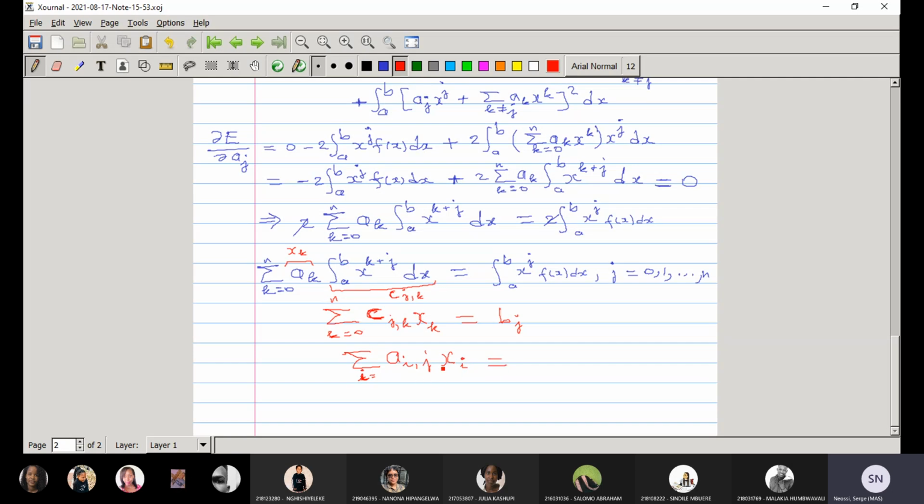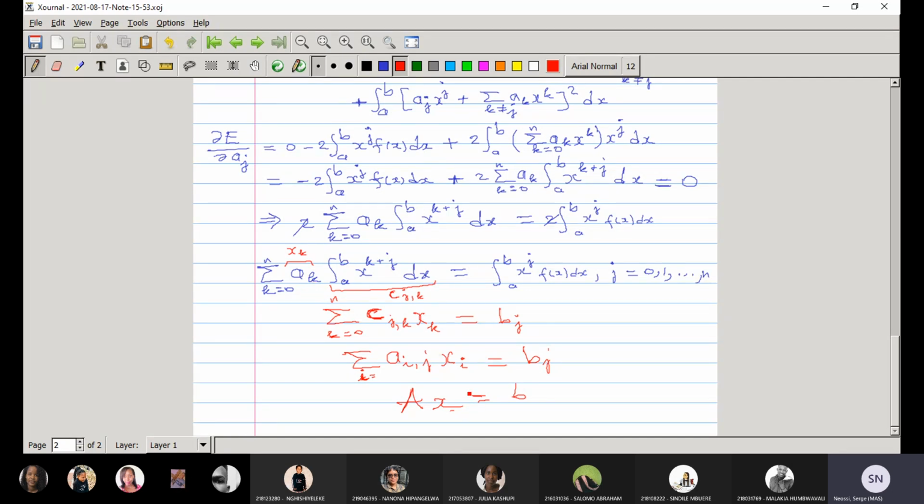Now you can see that j here is fixed. Whatever is there will depend on that j, b_j. This is exactly what you write in the form of Ax equal to b. You see, this is a linear system. That's just what I want you to see: this expression gives us a linear system in these coefficients, and the unknowns are the a_k.